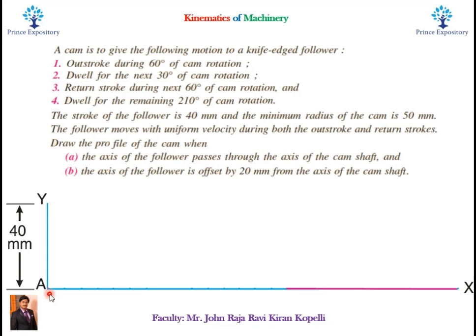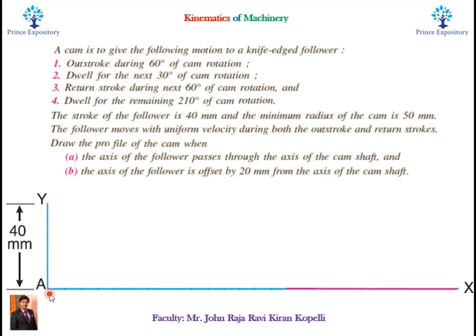Taking that as a standard scale, now we will convert 60 degrees, 30 degrees, and 210 degrees into centimeters. 60 degrees will become 6 centimeters, 30 degrees will become 3 centimeters, and 210 degrees will become 21 centimeters.